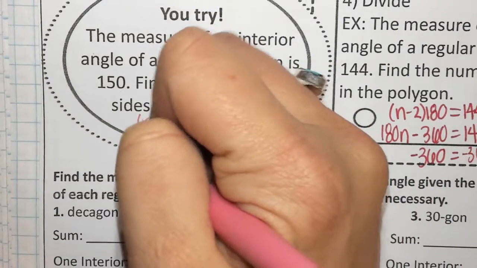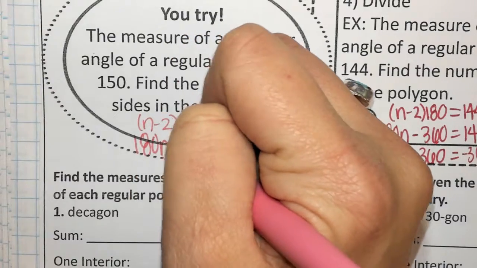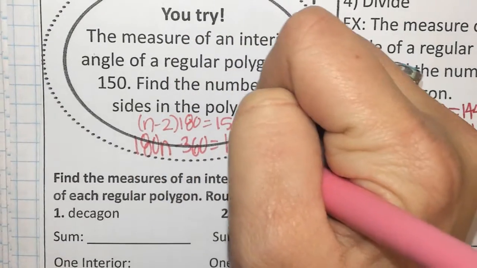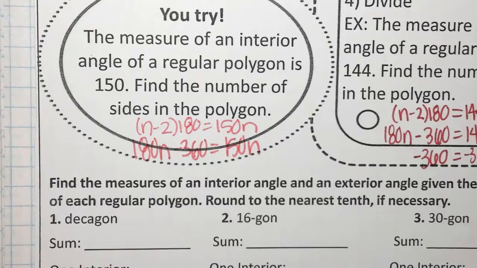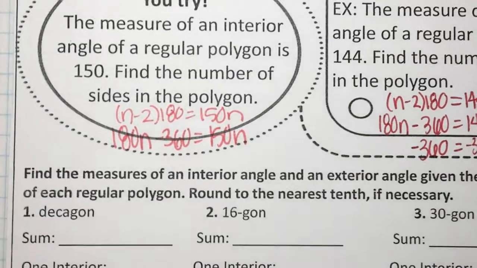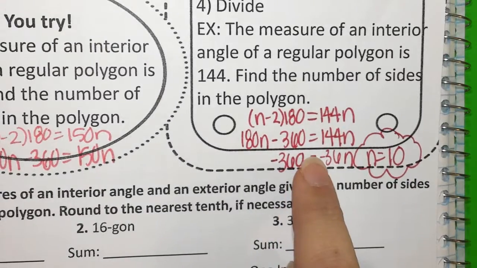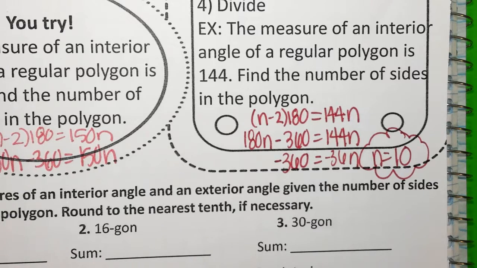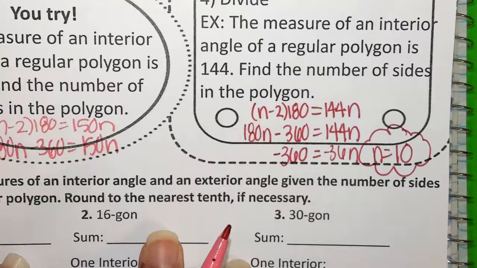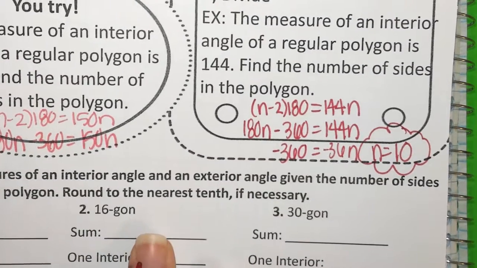All right, so did you get 180n minus 360 equals 150n? Okay, baby. Are you supposed to divide it? Stop. You haven't subtracted yet. That's what I was asking. Right. I'm trying to explain it without y'all screaming at me and without Trey talking and interrupting us.